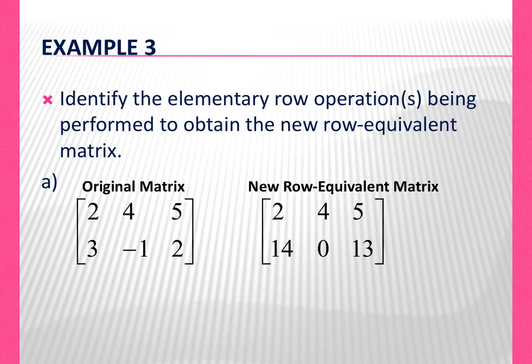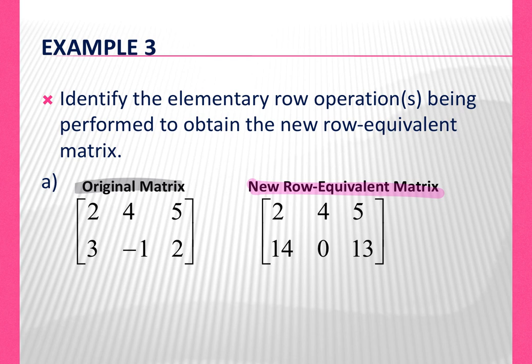All right, so example 3 says identify the elementary row operation or operations, plural, being performed to obtain the new row equivalent matrix. So it's saying this is my original and this is my new one, and I want to know how I got from one to the other. So go through your checkoff list of things you can do. Were the rows switched?